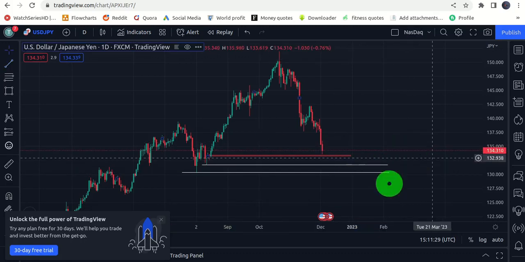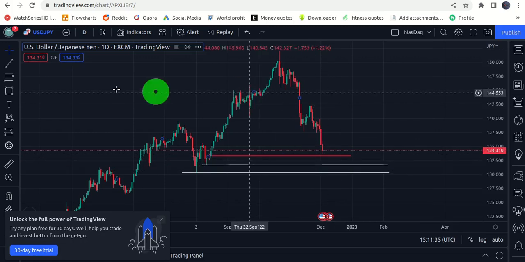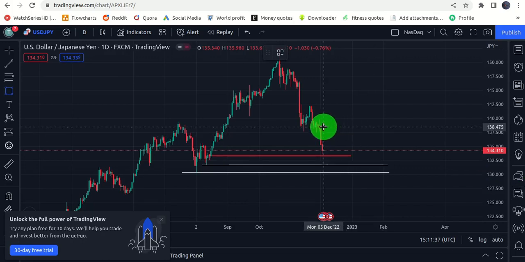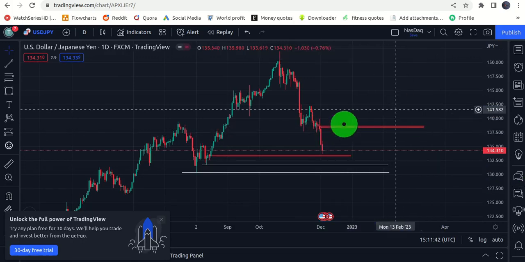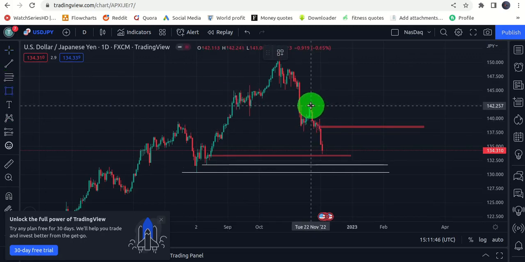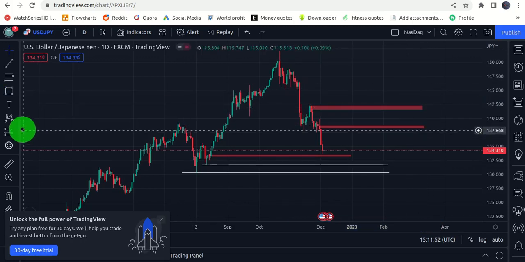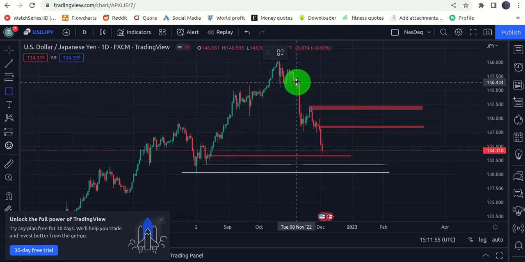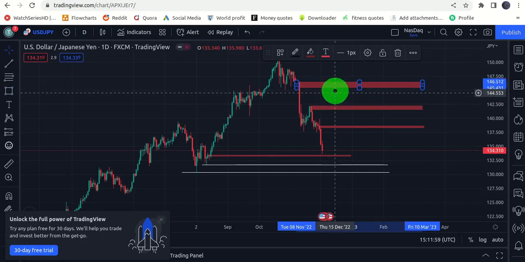So we have 3 areas of interest. We have this order block, liquidity, and on the upside we have this order block, this one here, and this one. And that one at the top, and the fair value gap.